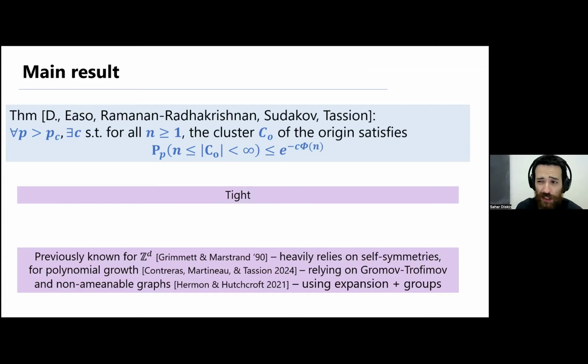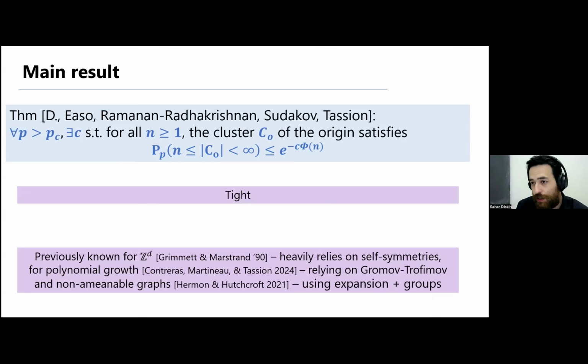Any questions about the result? Do we, for general graphs, understand phi n well? Or it could behave, yeah. So for transitive graphs, there are some jumps in how it can behave, but there are a lot of ways it can behave.